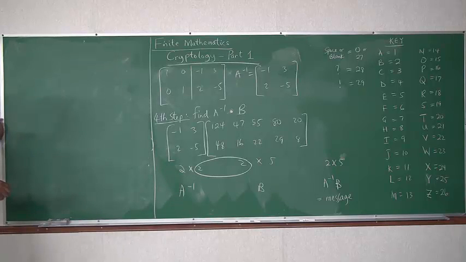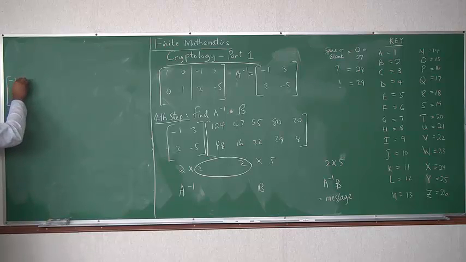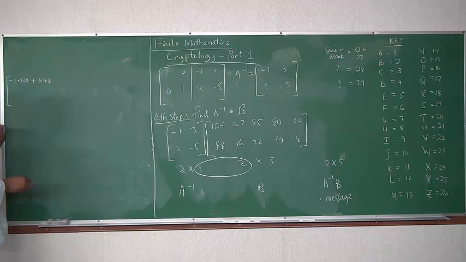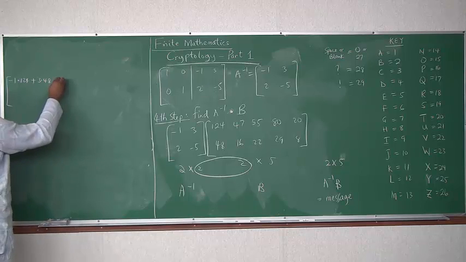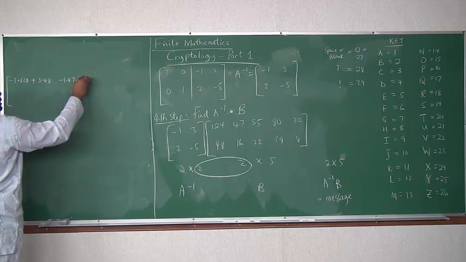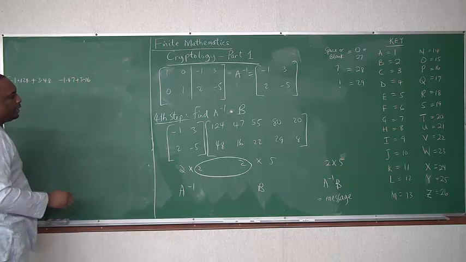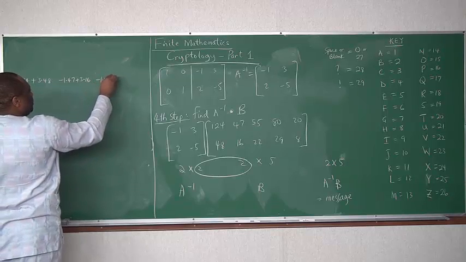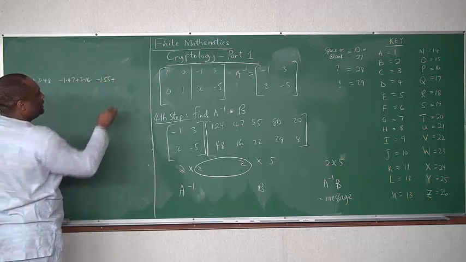When we multiply that, we have row by column: negative 1 times 124 plus 3 times 48. And then we have negative 1 times 47 plus 3 times 16. Then we have negative 1 times 55 plus 3 times 22.